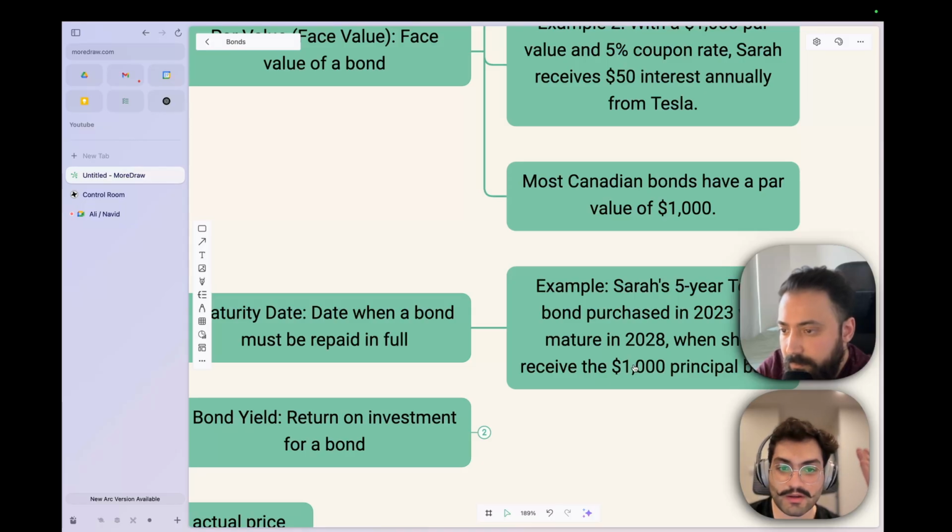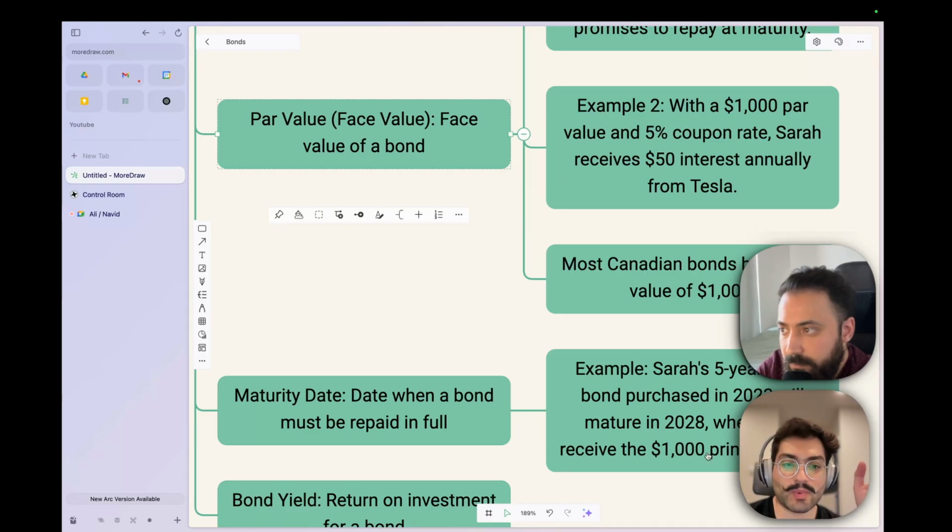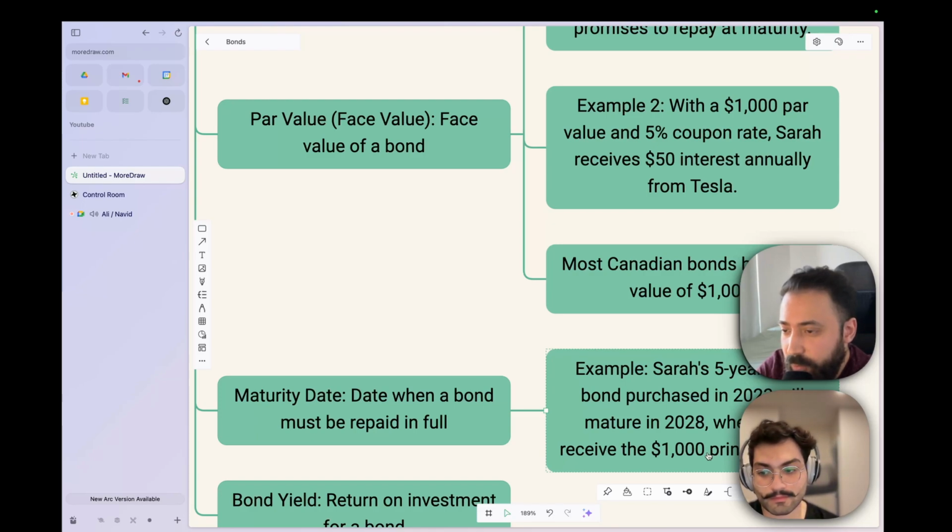So she will get all of her $1,000, the par value that we saw, by the end of 2028. Basically, that's the date you will get back your money, and that is based on the par value, right? Yes.